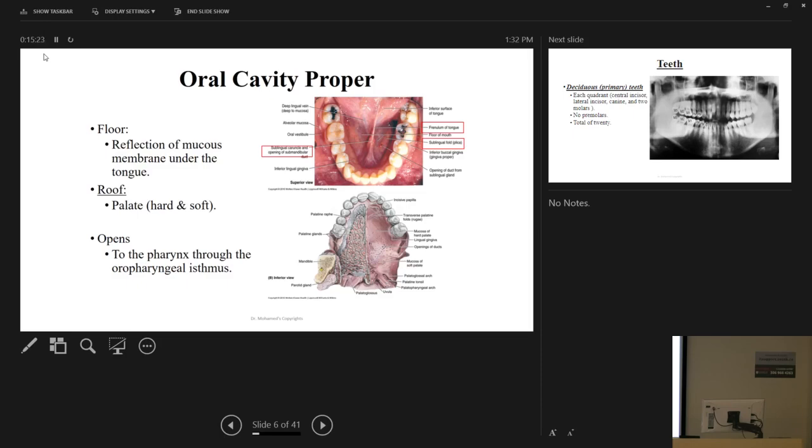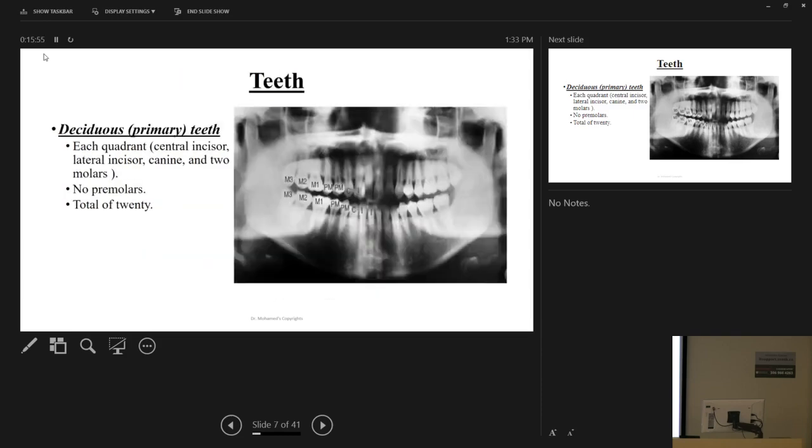In the lab, we're going to open this area and gently remove this mucosa to see the underlying structures. So the floor is made by reflections of this mucous membrane, and the roof is made by the palate, hard and soft. The oral cavity proper opens posteriorly to the pharynx.